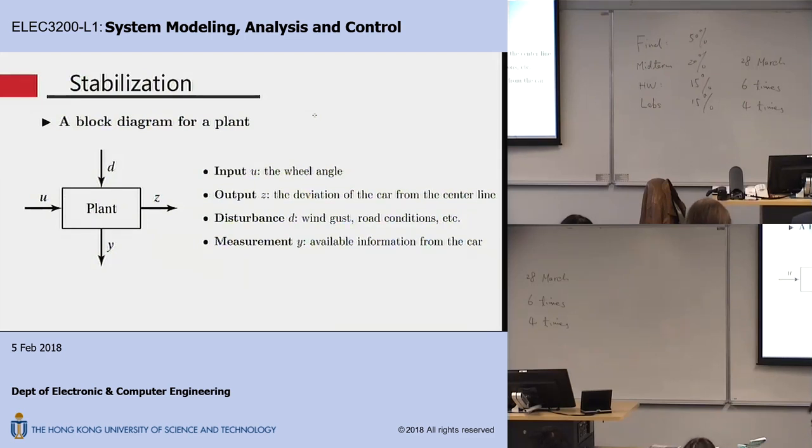So in the previous example, the output is the deviation of the car from the center of the road. You want the deviation to be 0, basically. But of course, you cannot keep it exactly 0. You just want the deviation to be small, around the center line, roughly. So that's our output.